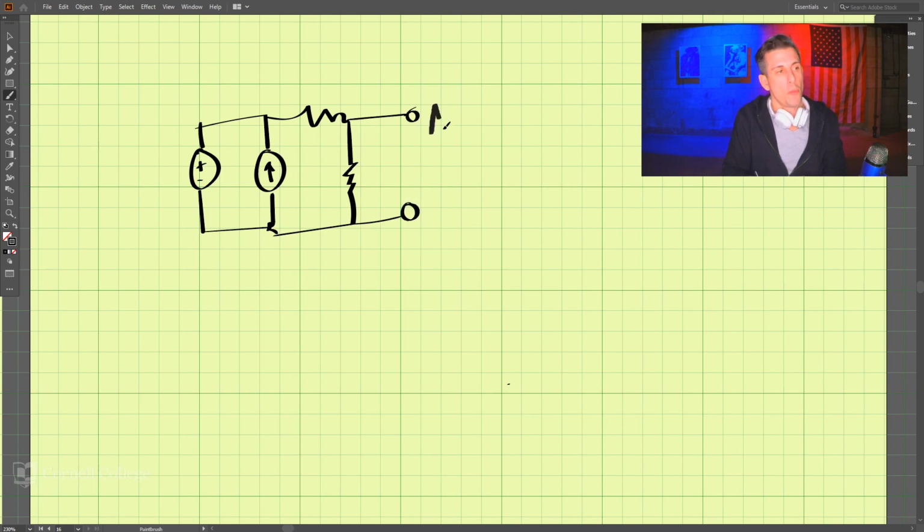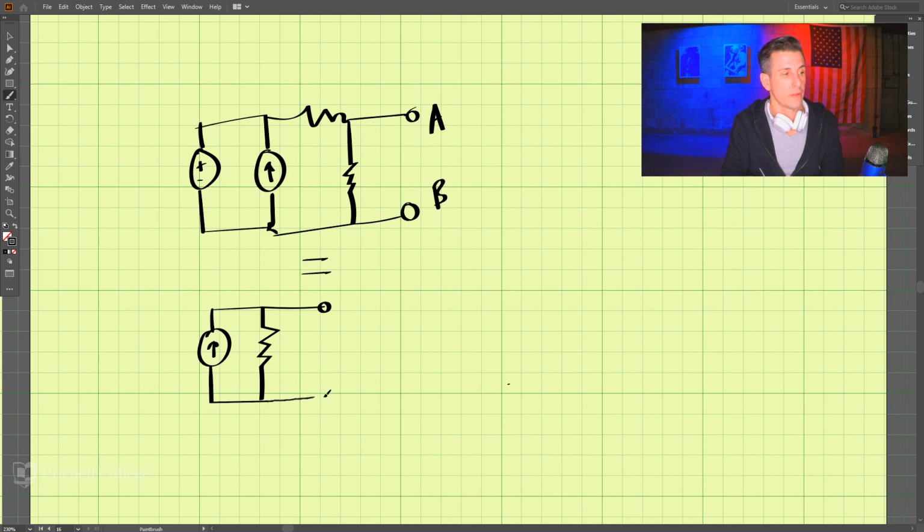We have two open terminals, A and B. What we're looking to do is transform this circuit into an equivalent circuit that has a current source and a resistor.